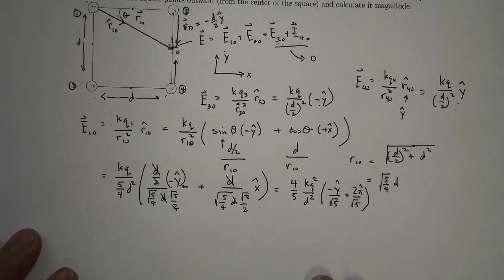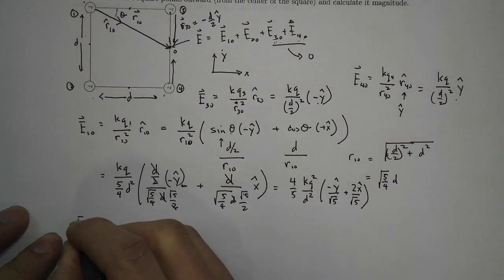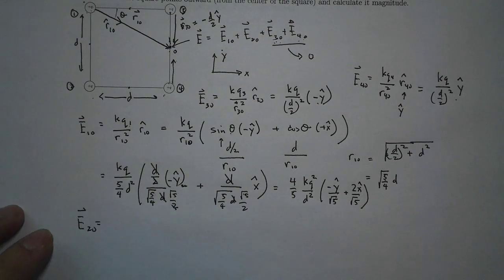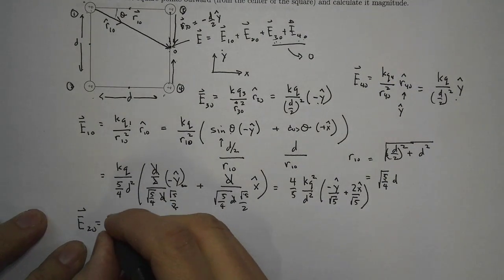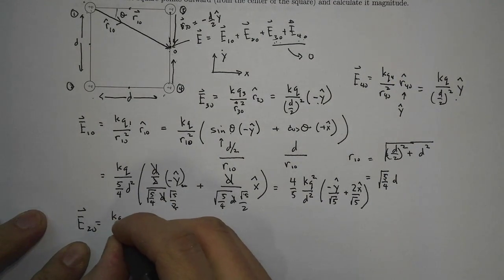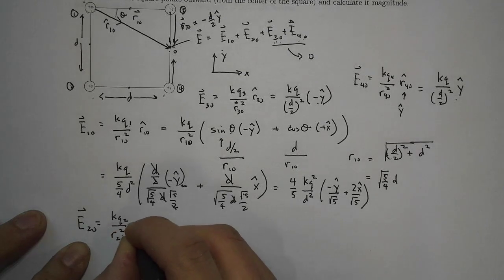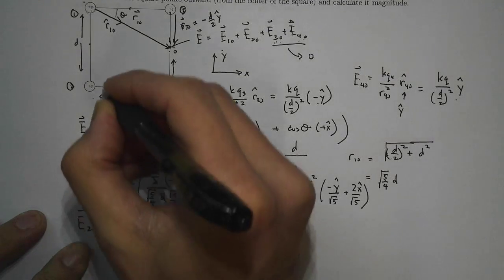Now let's get the second part. The electric field E20 vector will be kQ2 over R20 squared, R20 hat.